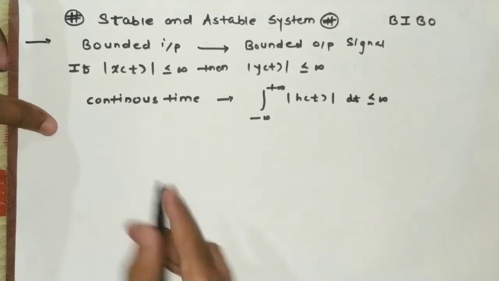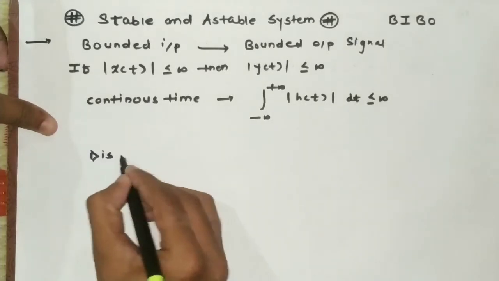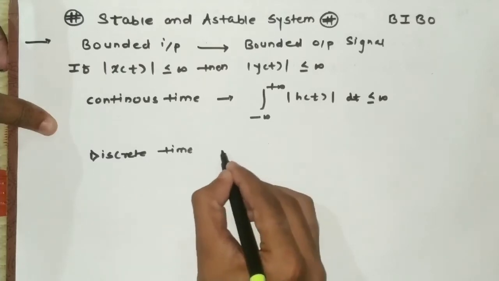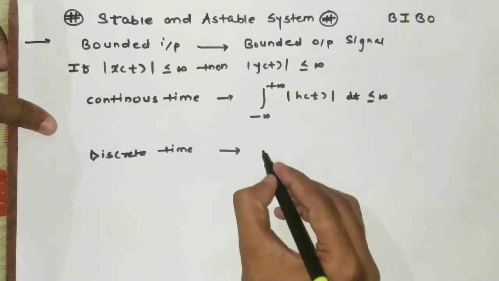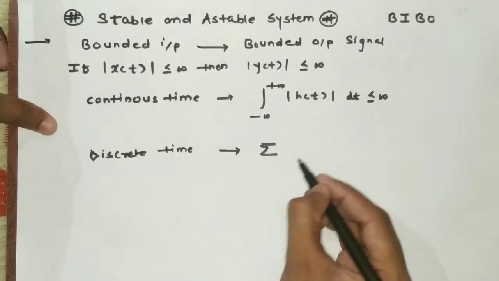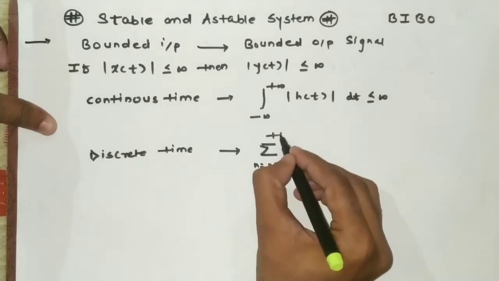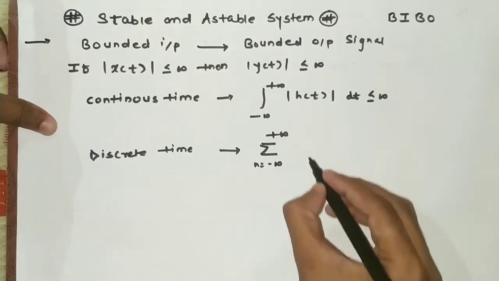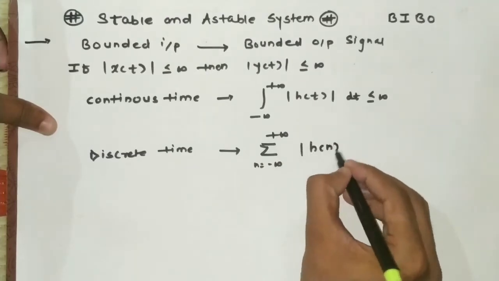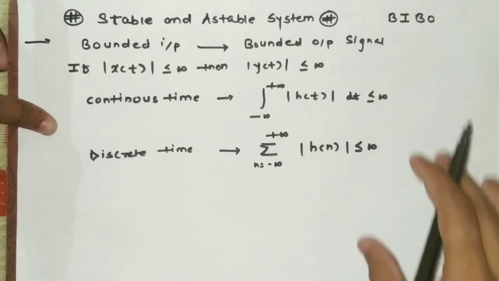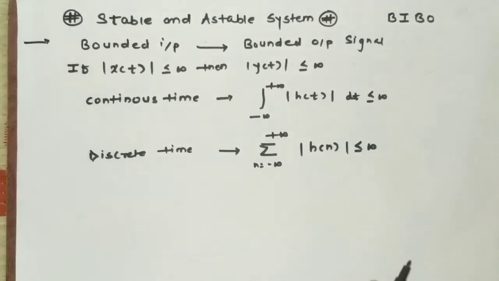Similarly, if we have a discrete time system, then the condition to check its stability becomes summation of n from minus infinity to plus infinity of mod h of n should be less than infinity. If these conditions are satisfied, the systems are said to be stable, otherwise unstable.